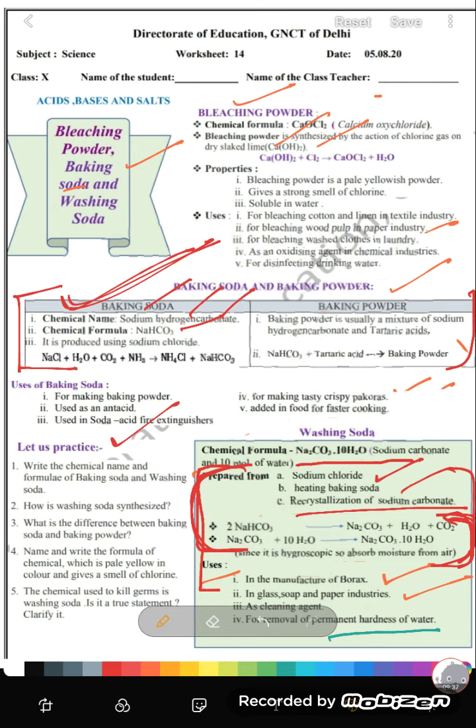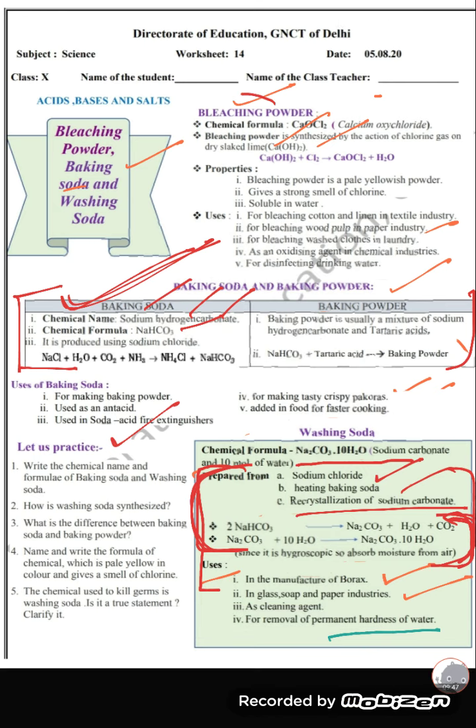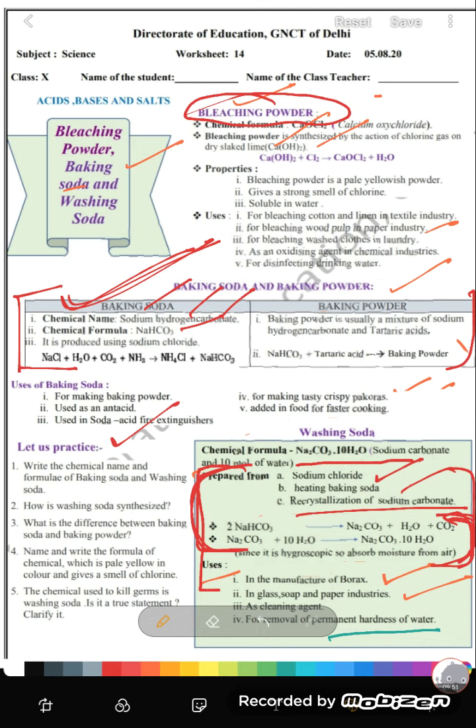Fourth question: name and write the formula of the chemical which is pale yellow in color and gives the smell of chlorine. The answer of this question is bleaching powder, or calcium oxychloride, right?